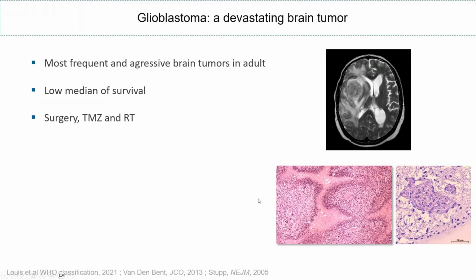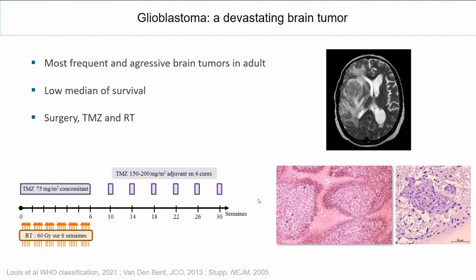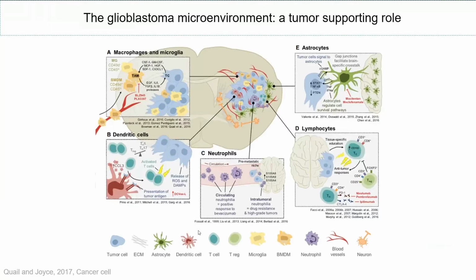And the standard of care is surgery followed by chemotherapy and radiotherapy, so temozolomide-based chemotherapy concomitantly with radiotherapy, and then chemotherapy alone. And despite this treatment, tumors always relapse. So why is it so difficult and complicated to treat these tumors?